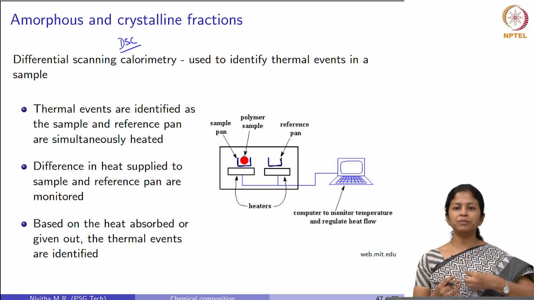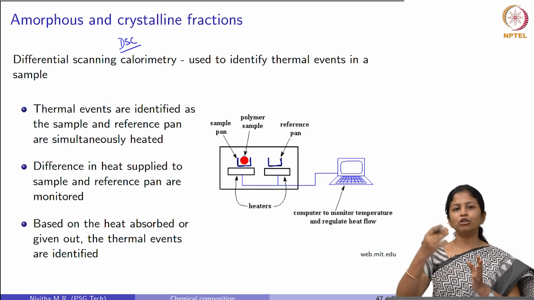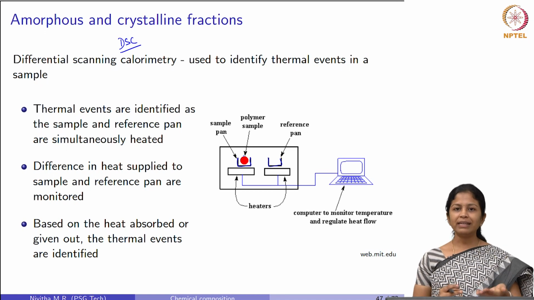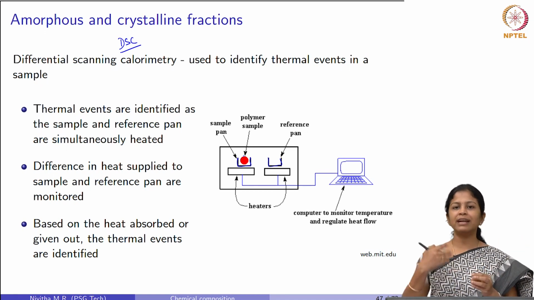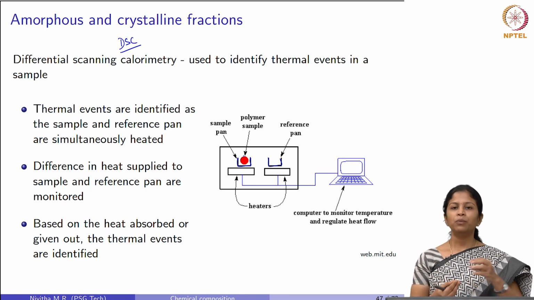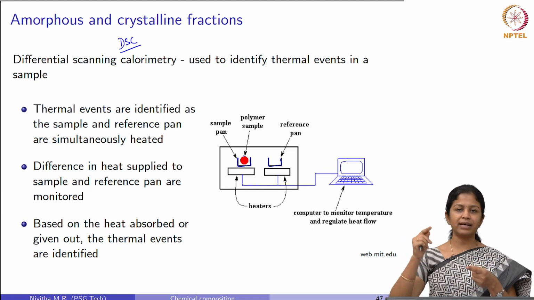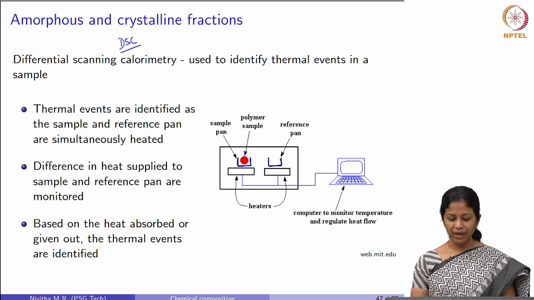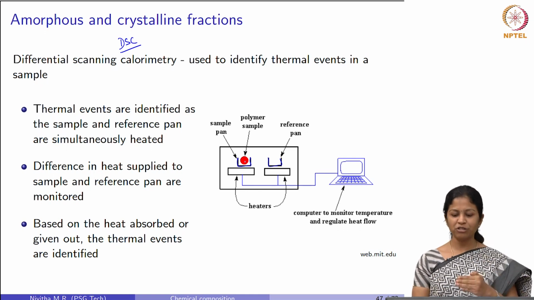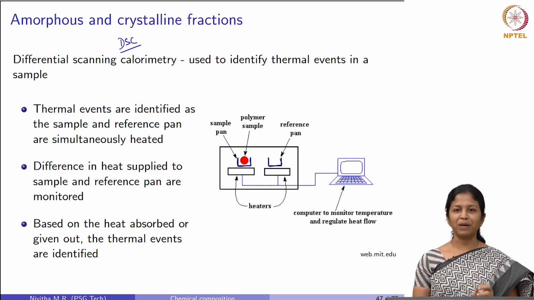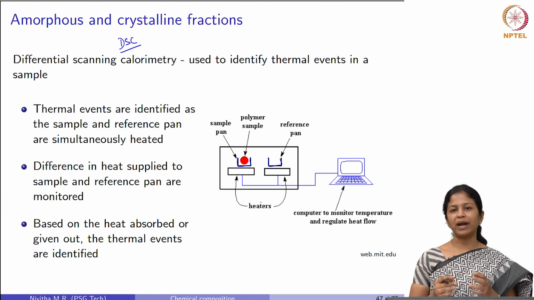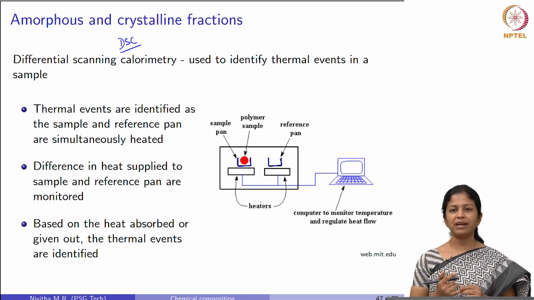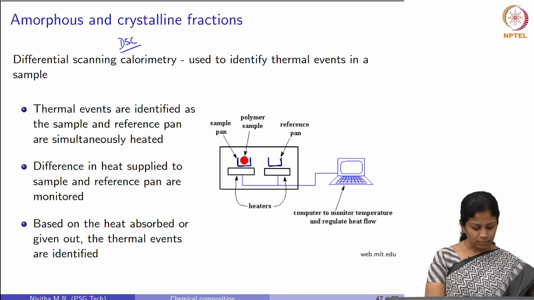It can absorb some amount of heat energy and go to another state, or it can let out some amount of heat energy and go to another state. When it is releasing heat energy, we need to supply only a lower amount of heat to maintain that rate of increase in temperature. So, the amount of heat energy supplied to the sample pan will be reduced compared to that of the reference pan. This information is used to identify the thermal events which are happening in the material.